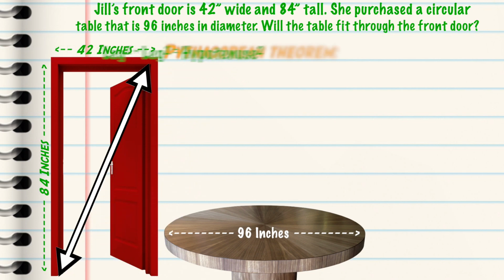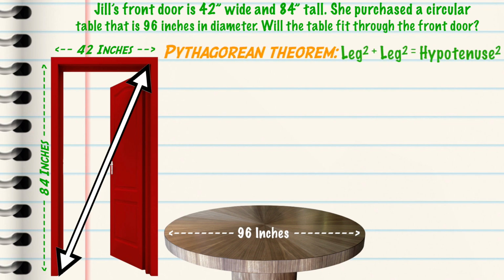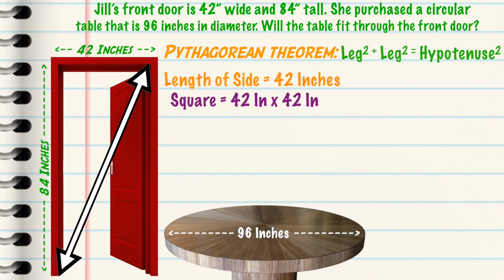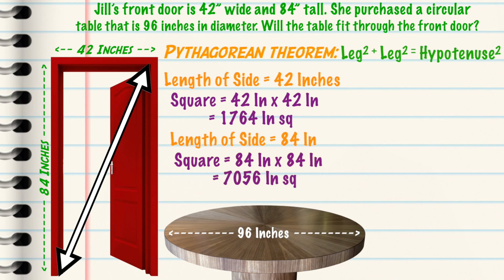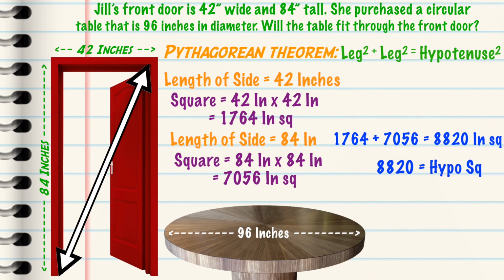Let's apply the Pythagorean theorem. We know the legs of the triangle are 42 inches and 84 inches. And we want to find the length of the hypotenuse. So, 42 inches squared plus 84 inches squared is 8,820 inches squared, which is equal to the hypotenuse squared.